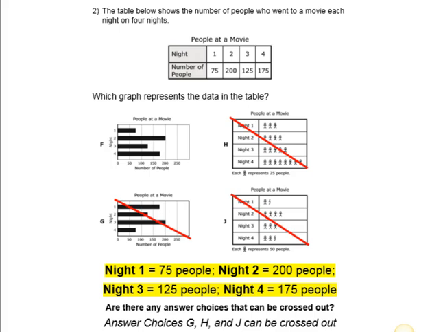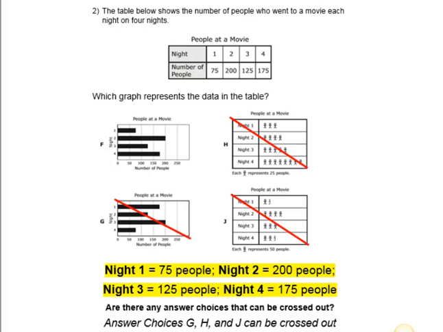They have 4 people. That's 200. But for night 3, it shows 3 people. So that's actually wrong, because if each person represents 50 people, then in answer choice J they're saying that 150 people went on night 3, and that's incorrect.